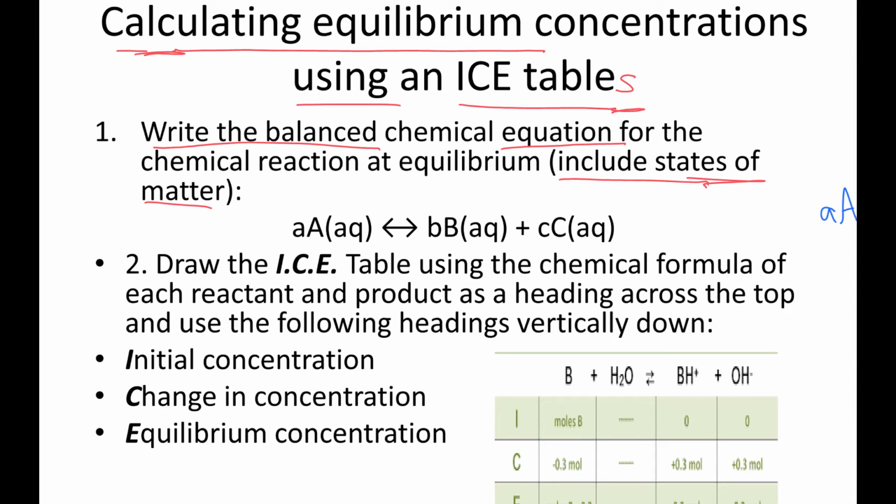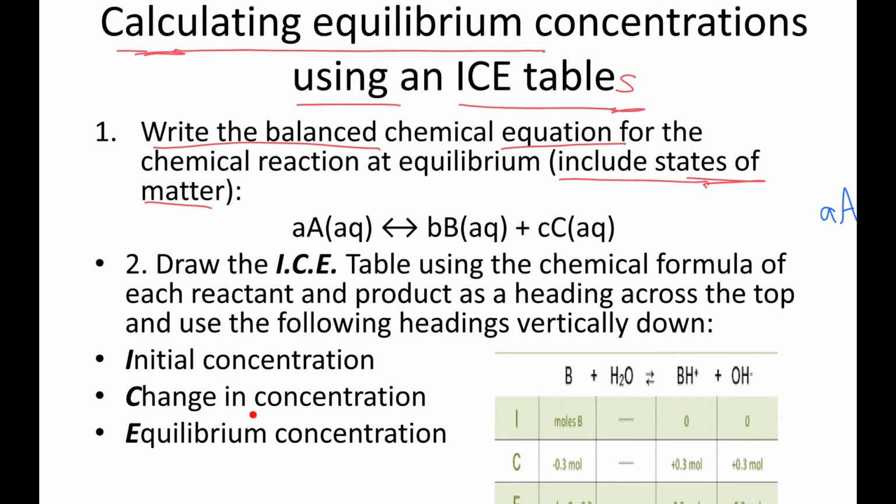Okay, step 2 says, draw an ICE table. And then under draw an ICE table, I want you to write these 3 bullet points under it. That the I stands for initial concentration. That is the amount that we start with, and that is generally given to us in the equation or in the problem.